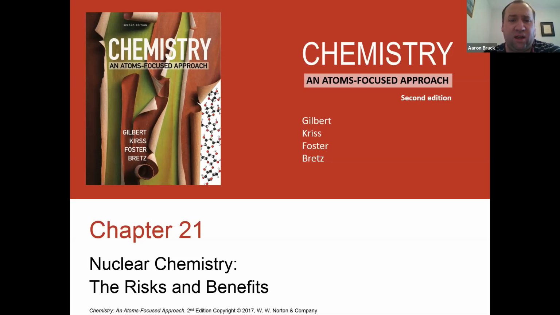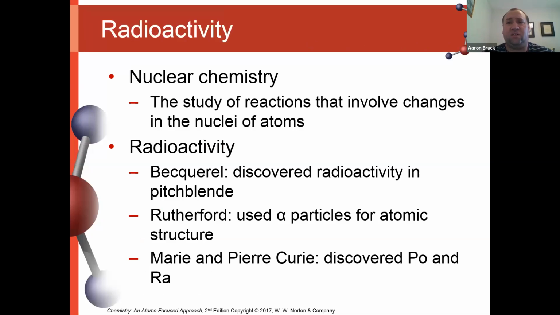To that end, we're going to start by talking about radioactivity, because really the study of nuclear chemistry comes down to a look at radioactivity. Now, we talked a little bit about radioactivity in chapter 2, where we focused on the idea of radioactivity from the standpoint of how it was used to discover certain parts of the atom.